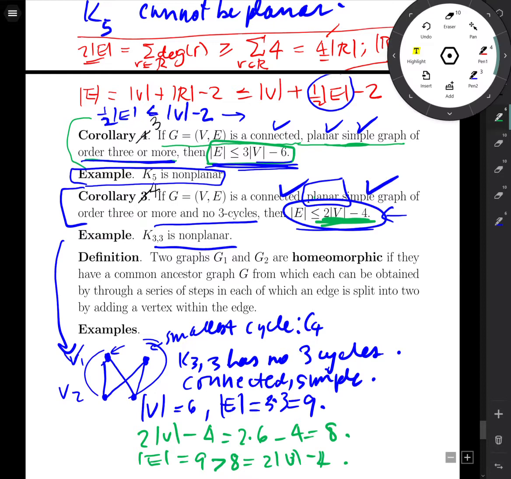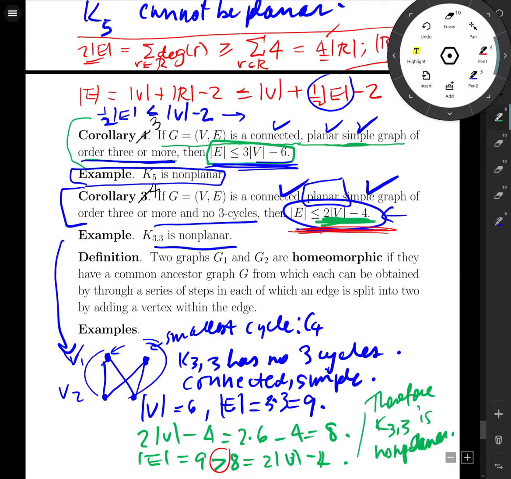So again, we get an inequality in the direction that violates what it would have to be if the graph is planar. If the graph were planar, we would have to have that inequality. So this says, therefore, K33 is non-planar.